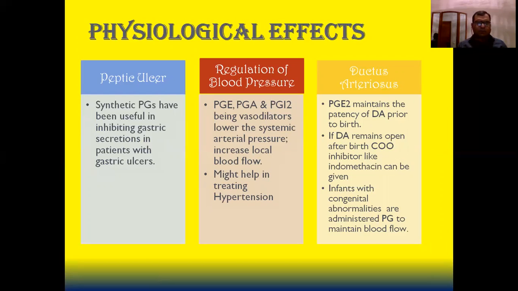Regulation of blood pressure: prostaglandin A and prostaglandin I2, being vasodilators, lower the systemic arterial pressure and increase local blood flow, and might help in treating hypertension.